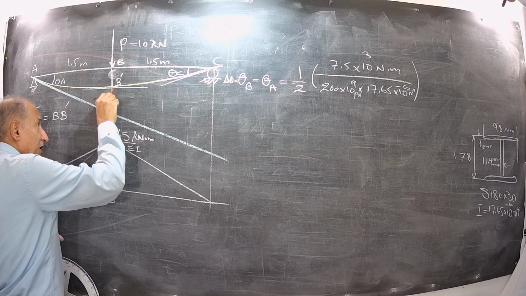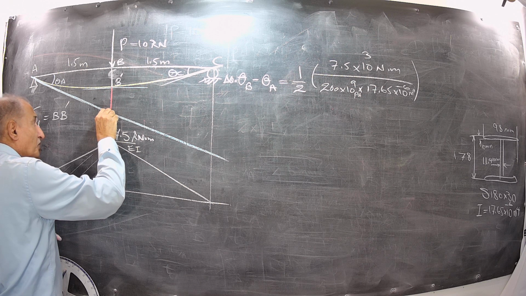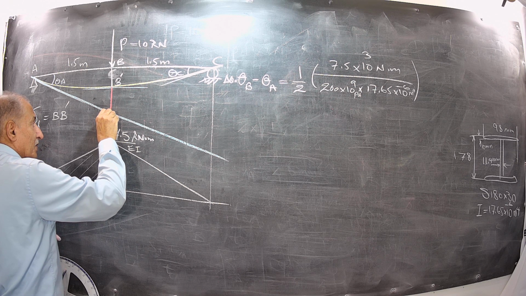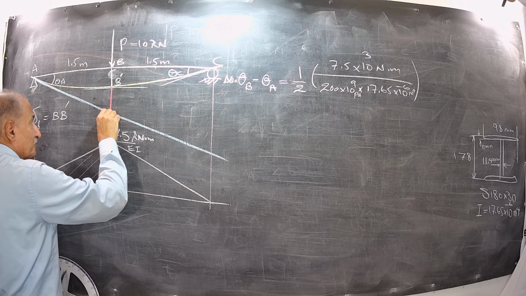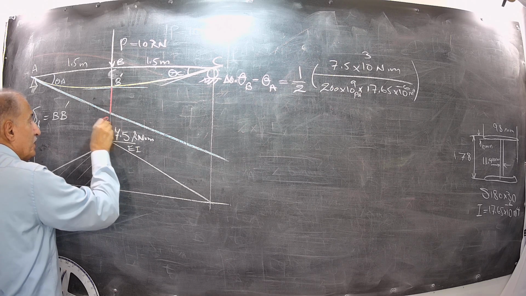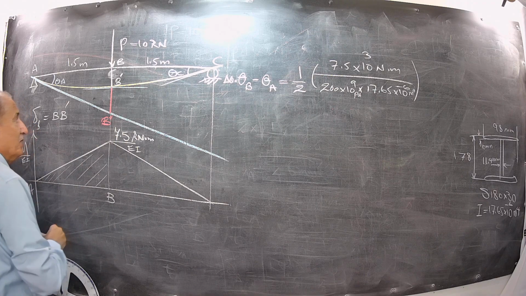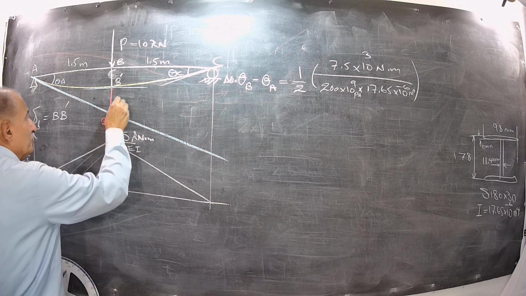Deviation of B is departure of B from a reference point at the tangent, or tangent deviation. This is called B double prime. And this is deviation of point B.